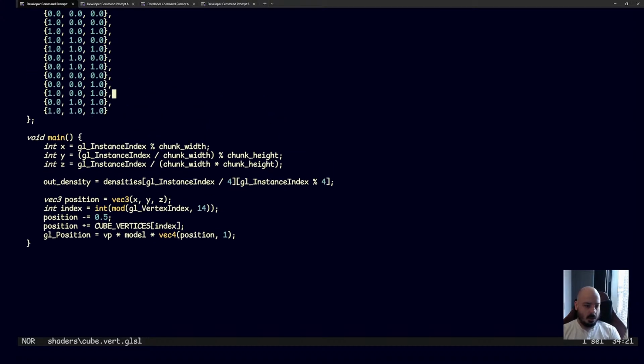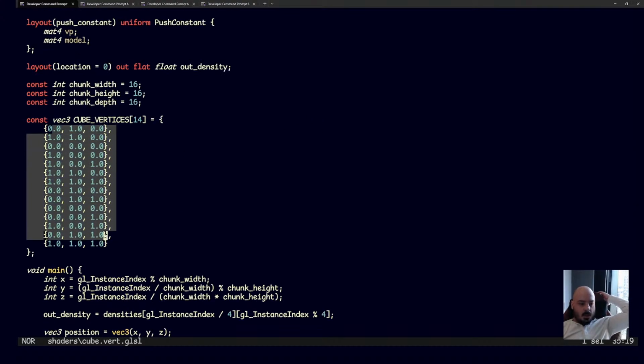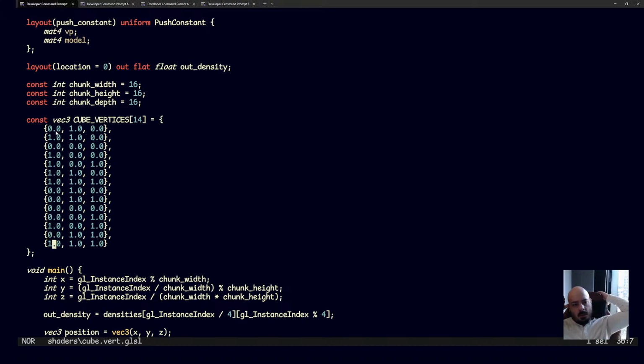So we've still got to set the position to be the same in terms of the center of the cube, but each vertex needs to be translated or scaled based on the model. So I guess we could actually just multiply these vertices by a number. Would that work? I think that would have the same effect.